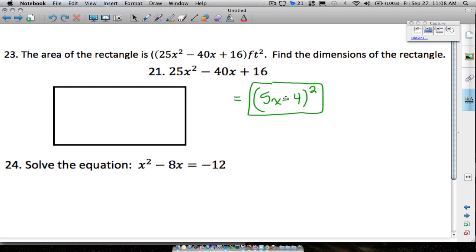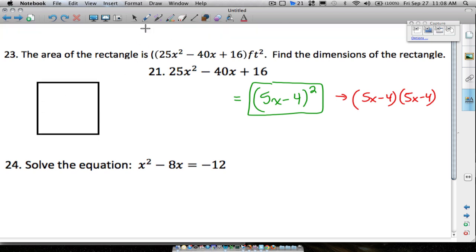Bam. So actually it turns out this thing is not a rectangle, because 5x minus 4 squared, remember, we just checked this one a while ago, that's the same thing as 5x minus 4 times 5x minus 4. To give this a more precise name, this is actually a square, because those are your two dimensions, and since those two things are the same binomial, it turns out this rectangle is actually a square.